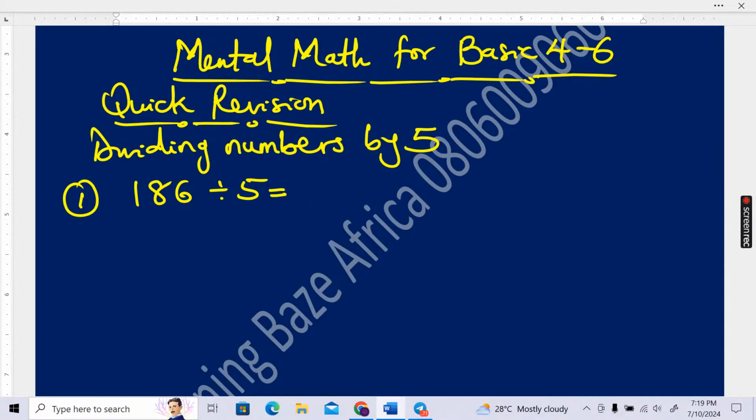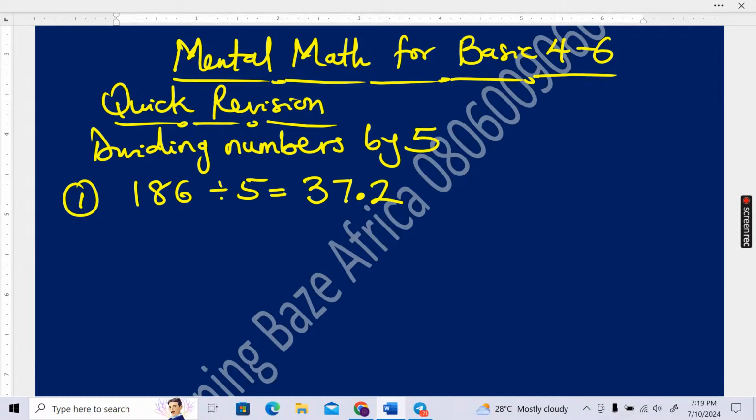The double of 186 is 372. Introduce a decimal point before the last digit, right here. So 186 divided by 5 is equal to 37.2.